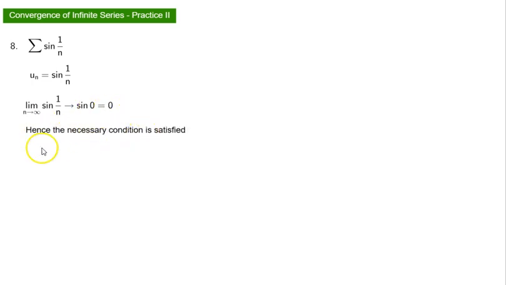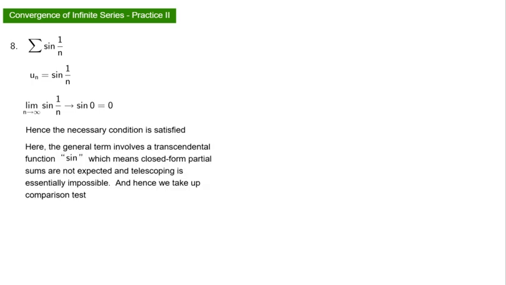Hence, the necessary condition is satisfied. Now here the general term involves a transcendental function sine, which means closed form partial sums are not expected, and telescoping is essentially impossible. Hence, we take up the comparison test.